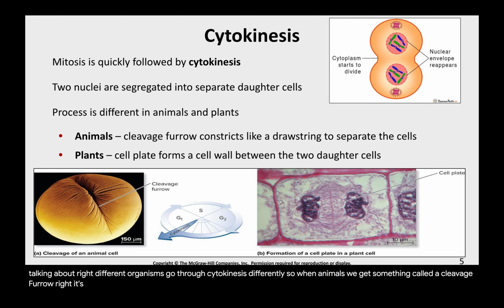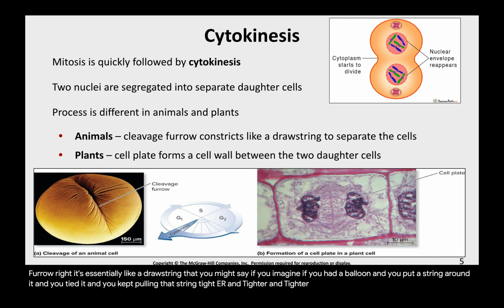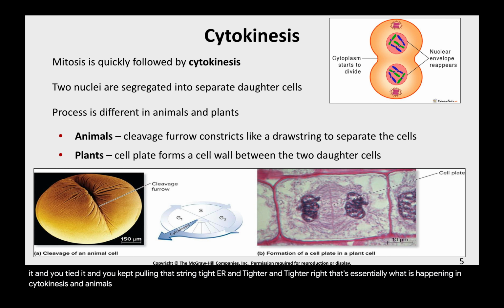It's essentially like a drawstring: say you had a balloon and you put a string around it and you tied it and you kept pulling that string tighter and tighter and tighter, right? That's essentially what is happening in cytokinesis in animal cells. Right? We have this cleavage furrow that is formed. It's being constricted until it finally separates into 2 separate cells.